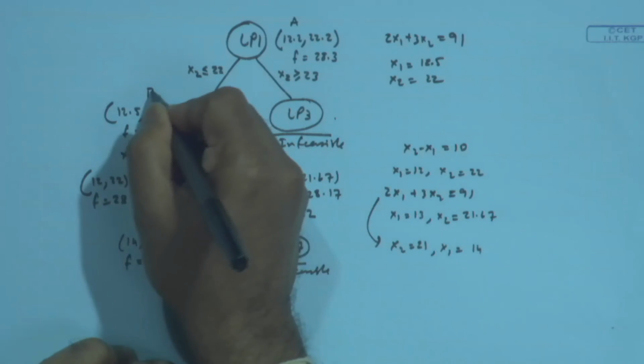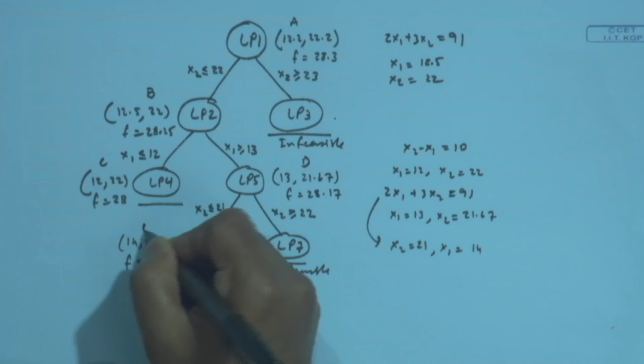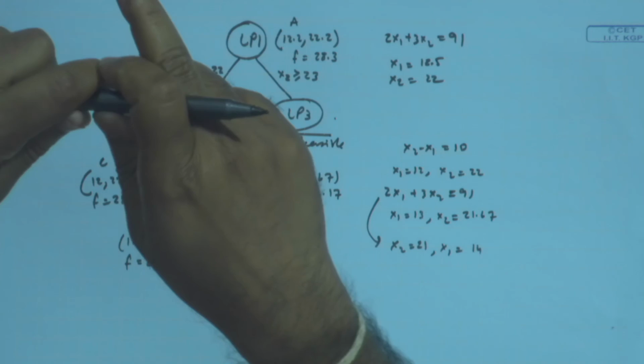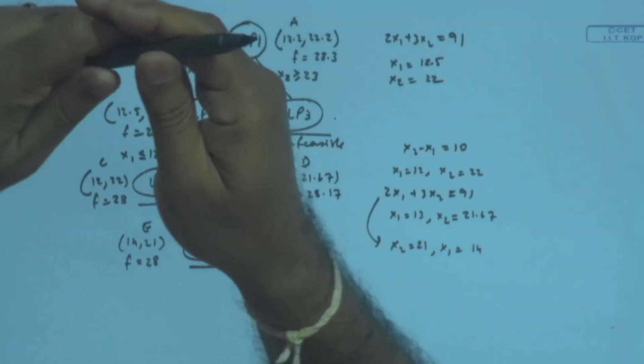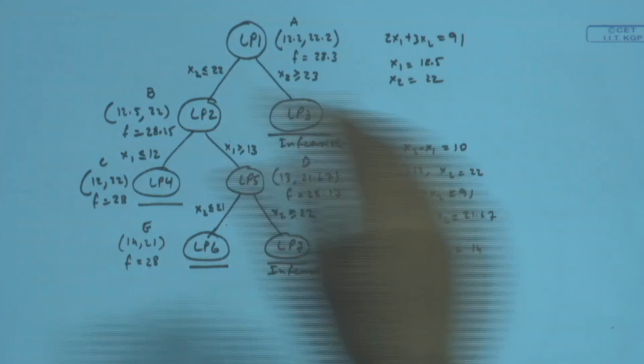What I want you to do is mark point A, point B, and here of course there is no point, then C, D, and E in the figure that you've got. That way I know that you have understood the whole process, graphically as well as through this branch and bound process.